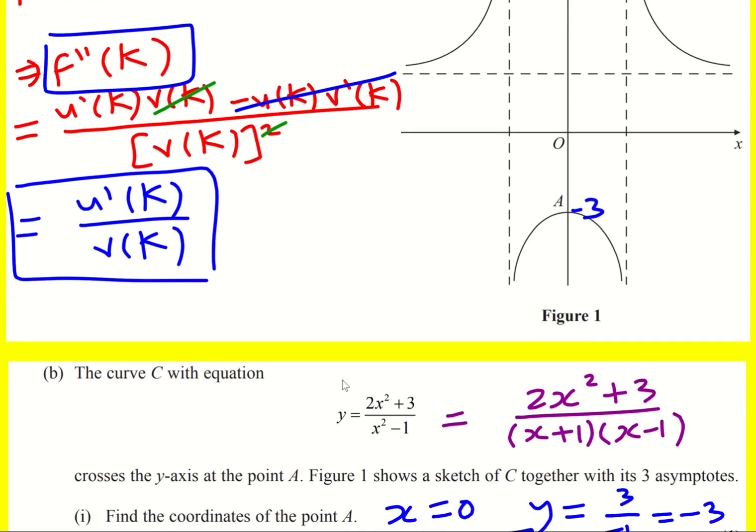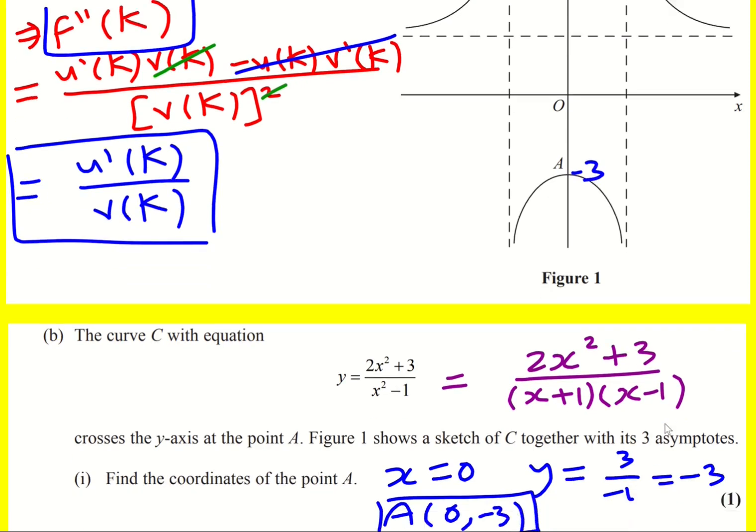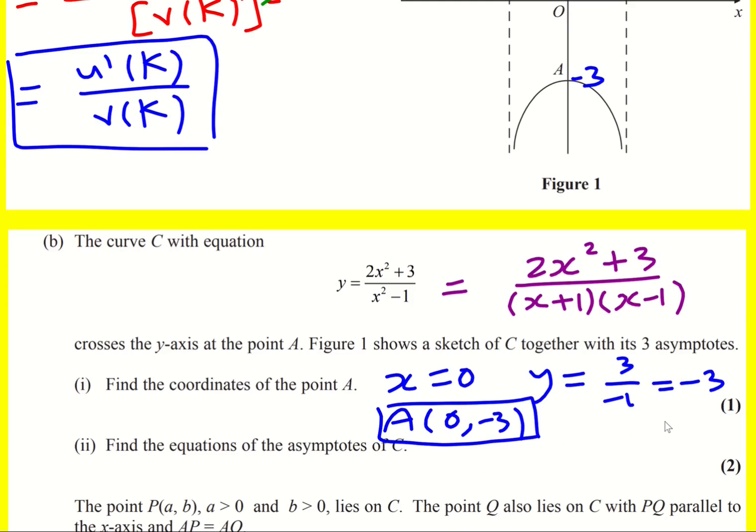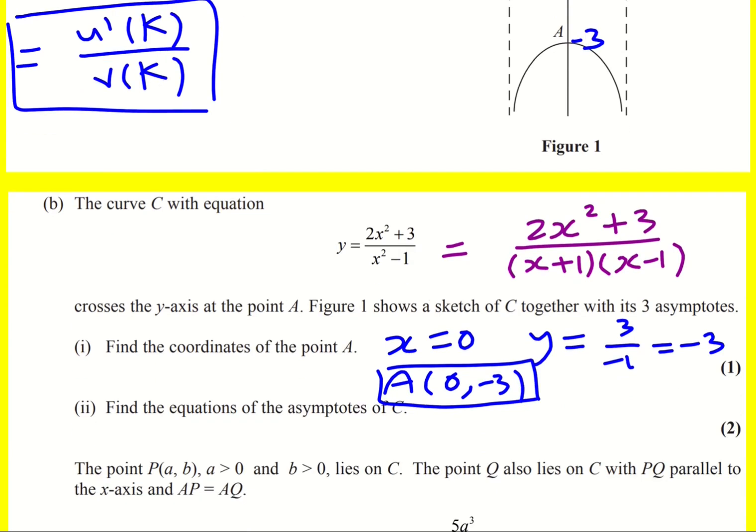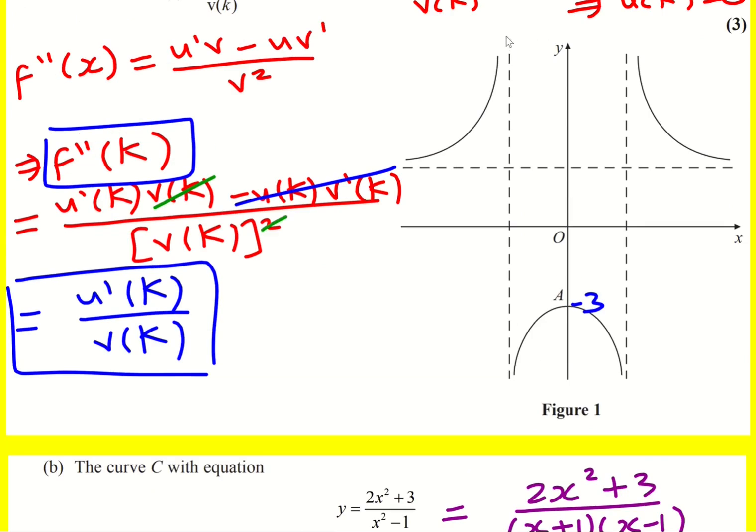And you can see this function will not exist when x is equal to minus 1 or x is equal to 1. That's going to be some possibilities. x equals 1, x equals minus 1. That's what will cause this jump, this discontinuity.